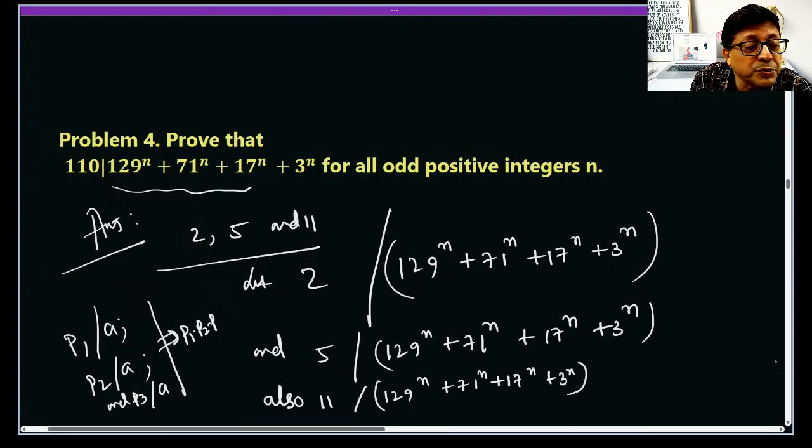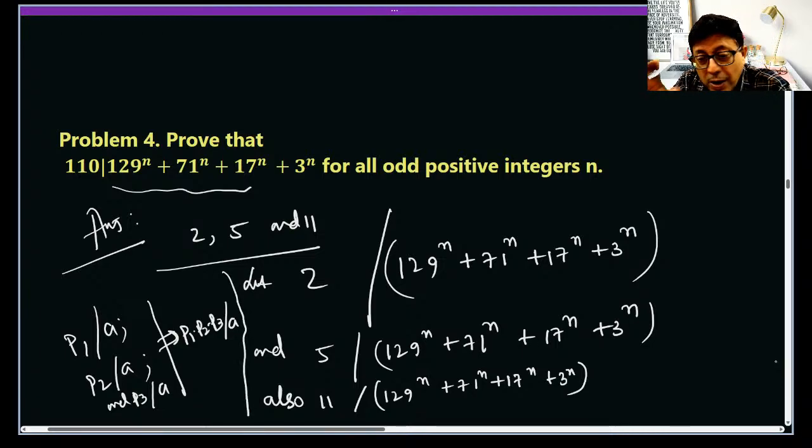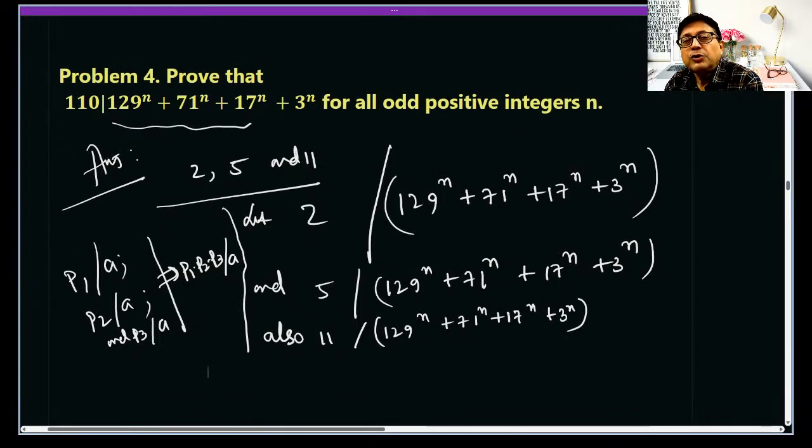P1 into P2 into P3 divides A. I hope I have explained this part. So now my aim is to prove 2 divides 120 to the power n, 71 to the power n, this.